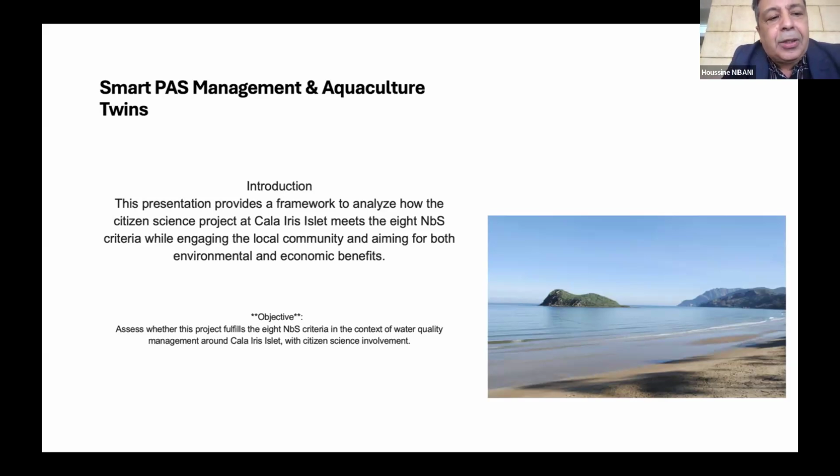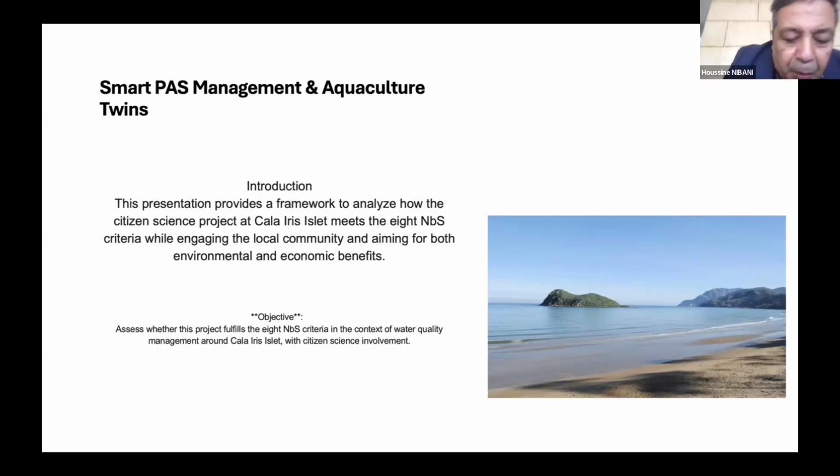In the Iliad ocean twin projects, we start to do smart MPA management with aquacultures. Since the summer school in Al Hoceima, we have been able to share many things with many experts and stakeholders coming from Iliad projects.